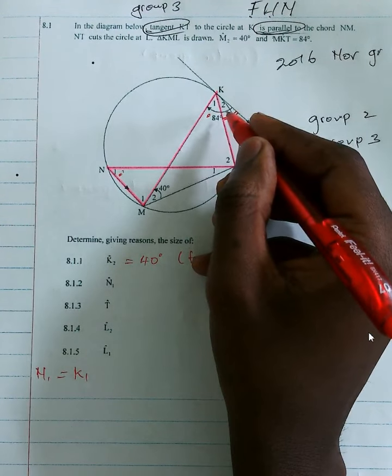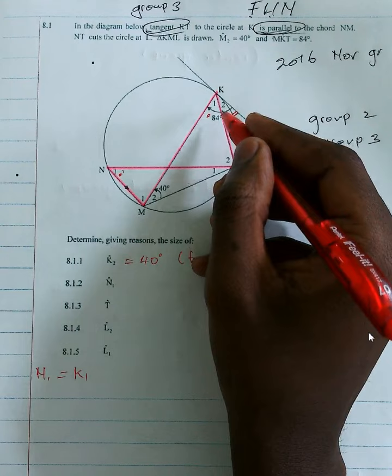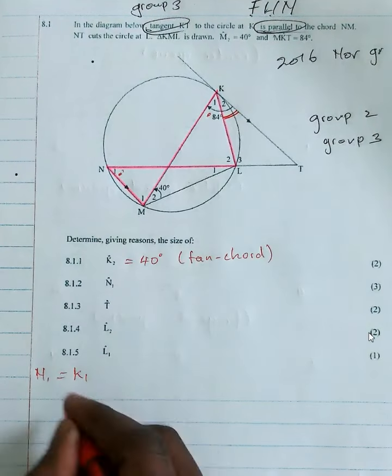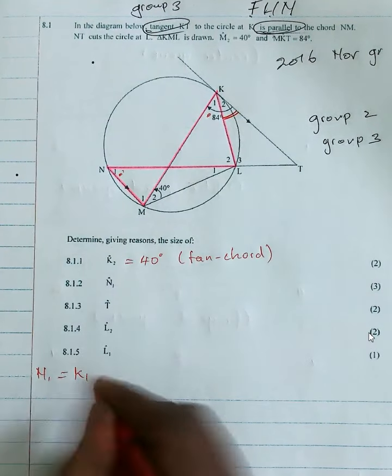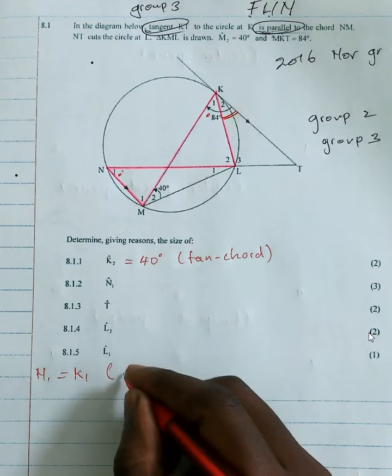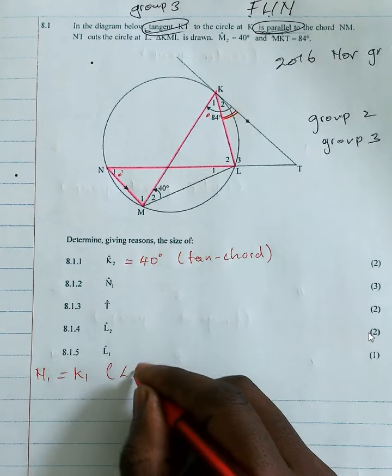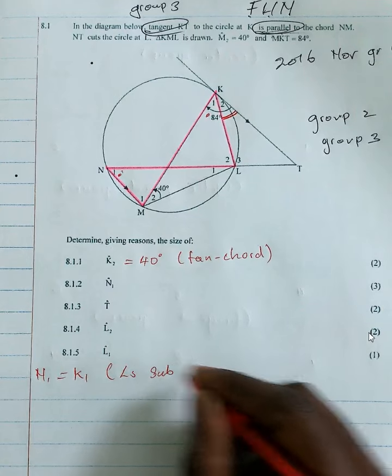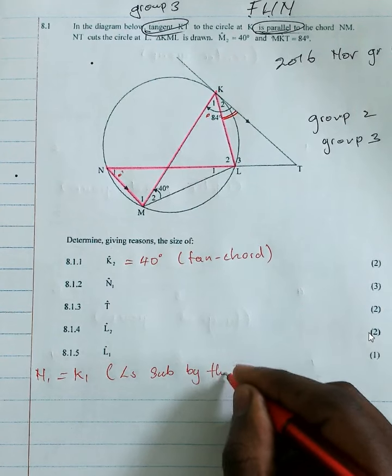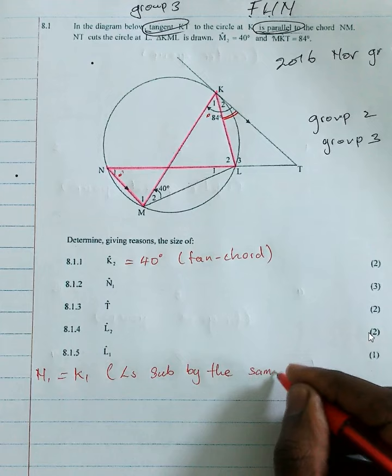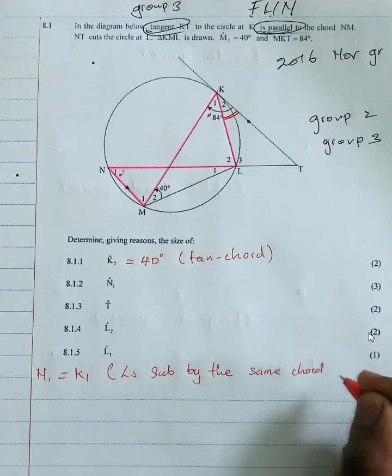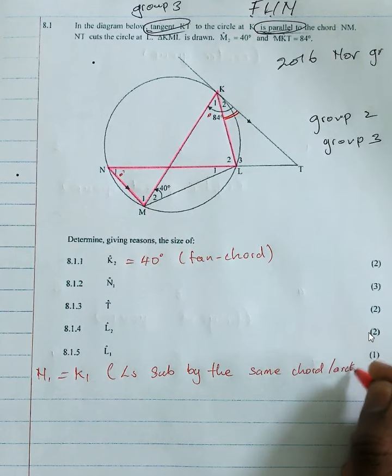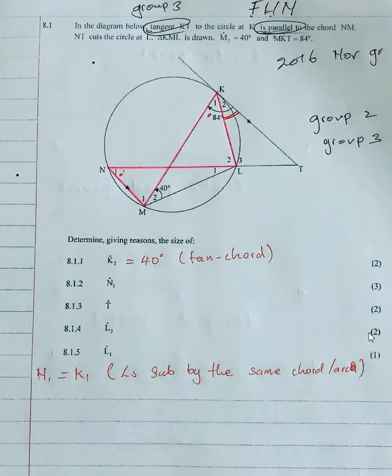But then I can subtract K2 from the whole thing. I'm going to say K1 is the same as N1, which is angles subtended by the same chord or arc. But then in our situation now it's going to be a chord.